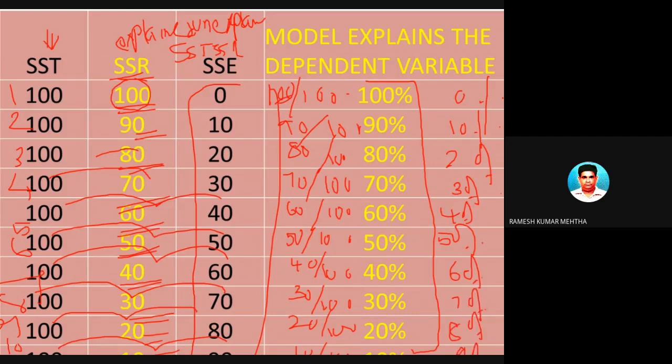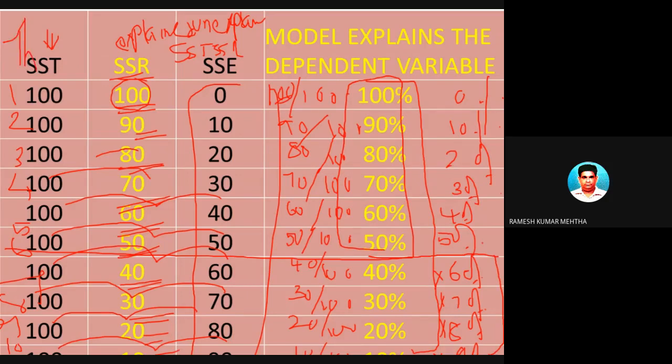Up to this is okay, because when the unexplained is more than 50 percentage, the model is a very weak model. The unexplained is 60 percentage, 70, 80, 90 percentage. So your explained percentage should be more than 50%. Then only the model is said to be a strong model.